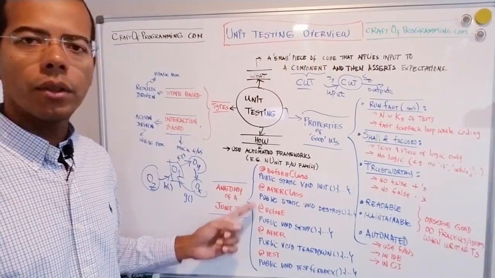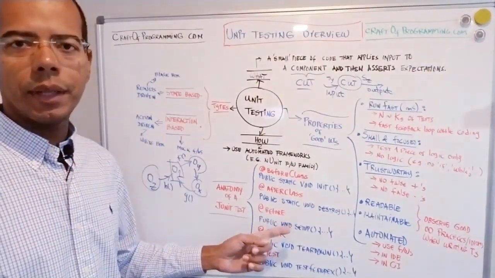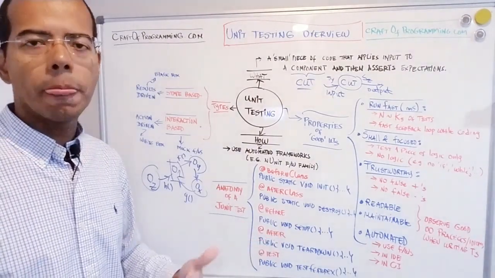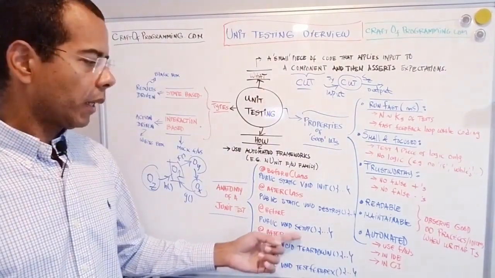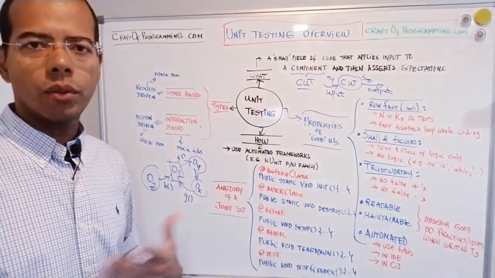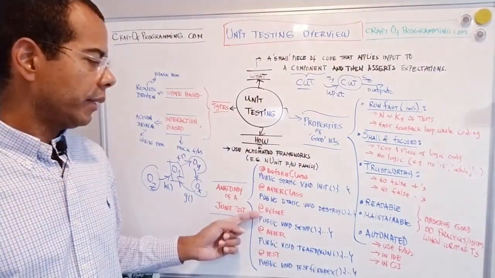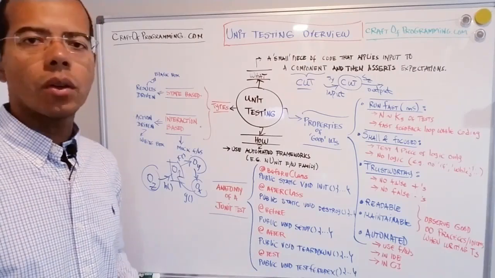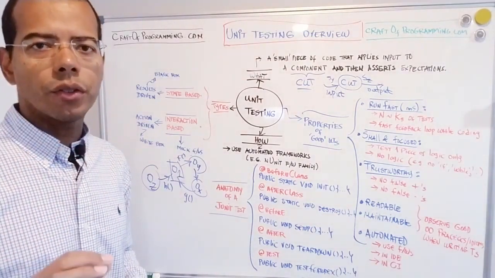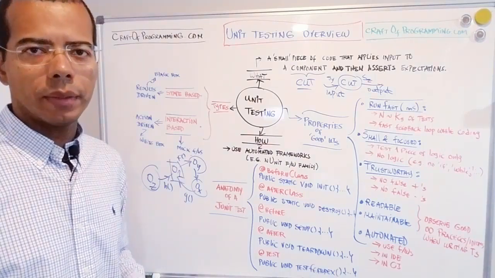Before and After annotations are applied to public void instance methods. Again, the names don't really matter. By convention and for historical reasons, they are called setup and teardown respectively. And these two methods are called before and after each of the test methods respectively.